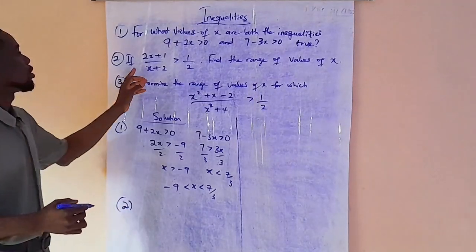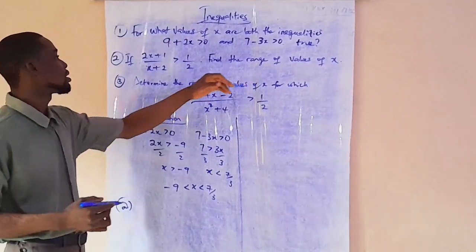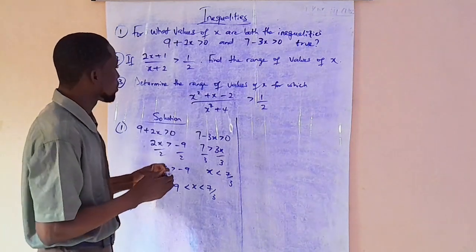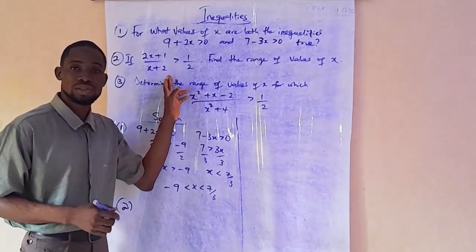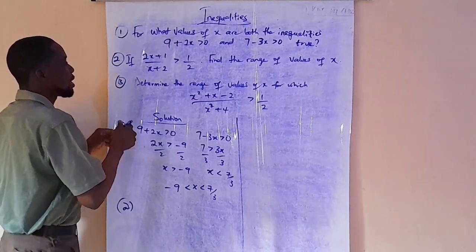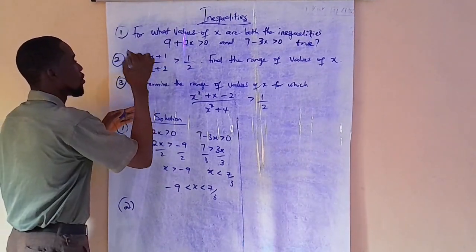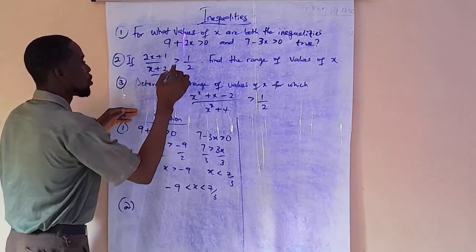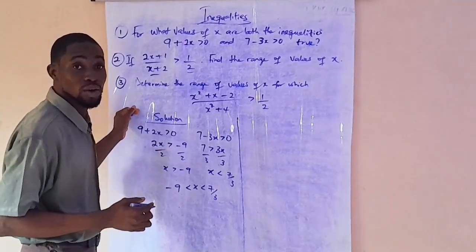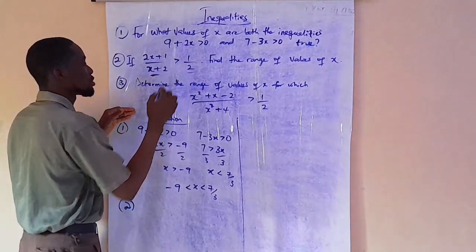Number 2. We have to find the range of values of x if this is given to us. Now, in inequality, when you have a fraction, the idea is to consider your factor. This is a constant. This is a factor.